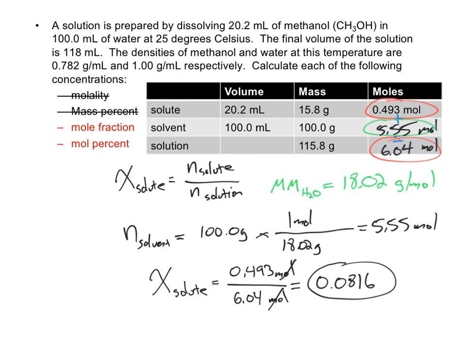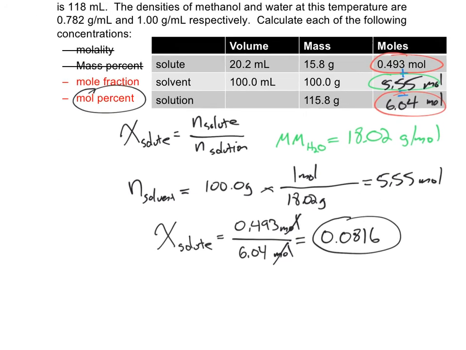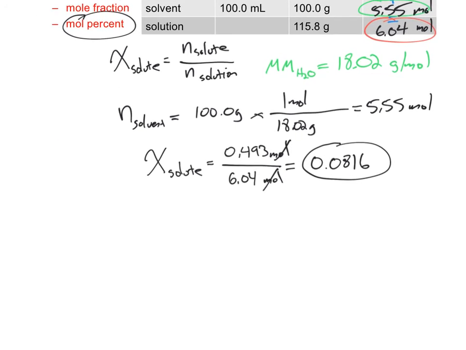And we can go ahead and do the mole percent here in the same slide, because to get the mole percent, all I need to do is multiply the mole fraction by 100, convert it from a decimal into a percentage.